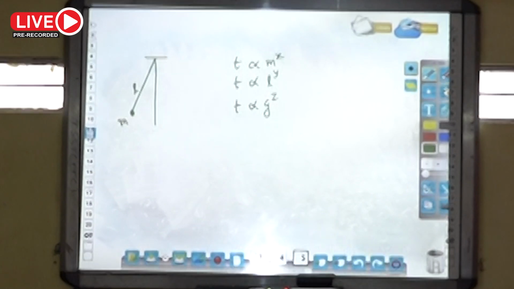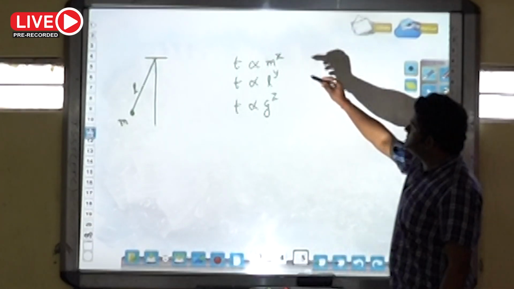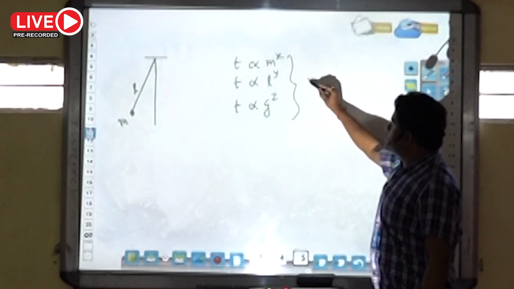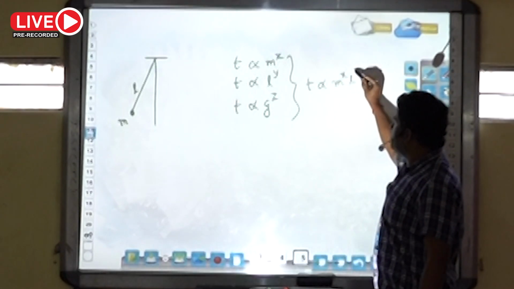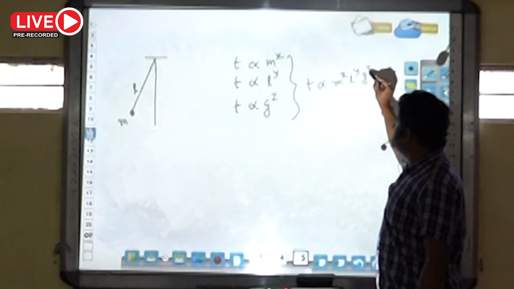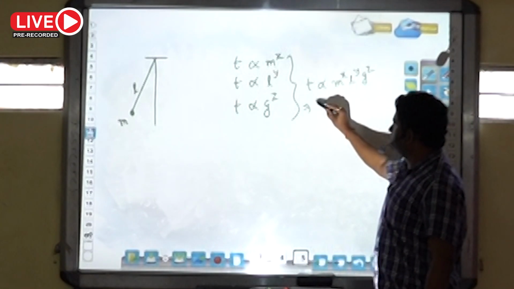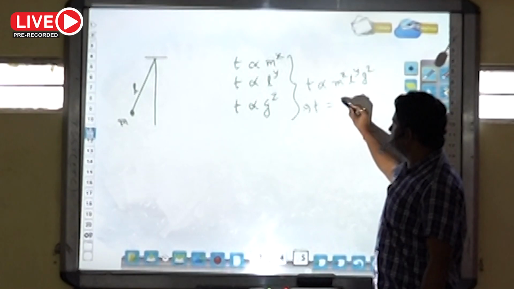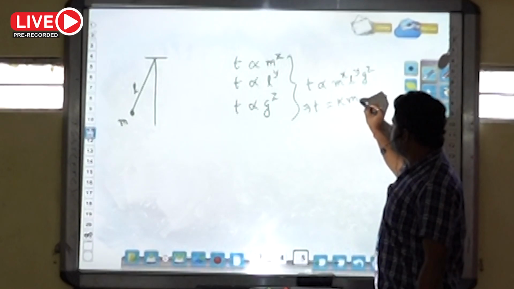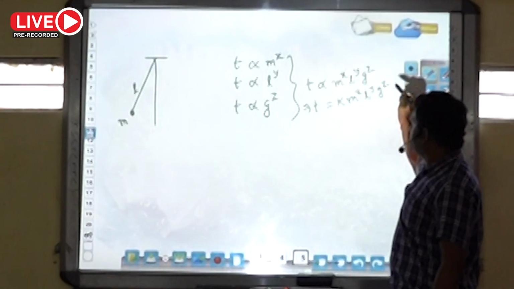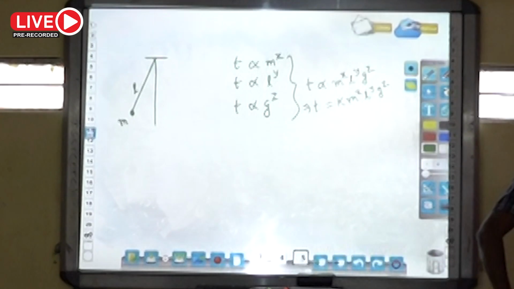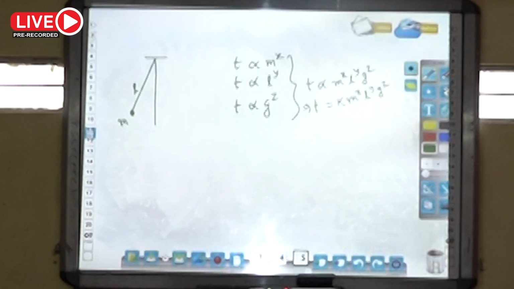Okay. Then I can write T proportional to m to the power x, l to the power y, g to the power z, and then T equal to some constant k, m to the power x, l to the power y, g to the power z. Now to find the correct formula for the simple pendulum, I have to find the values of x, y and z.